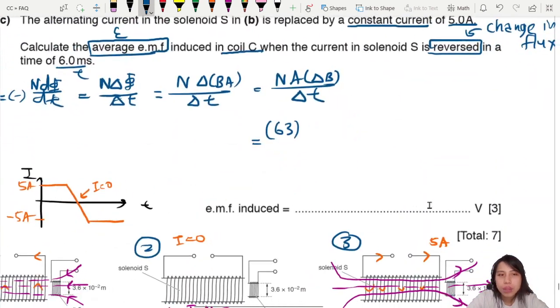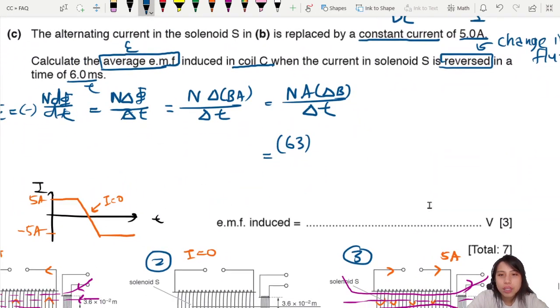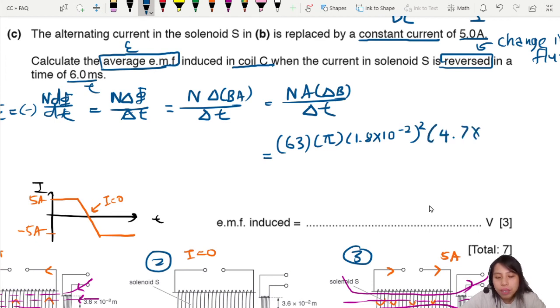Let's do the calculation. Okay, almost there. This one will be N times pi r squared, with r being 1.8 times 10 to the negative 2, squared. That is my radius. Now the delta B, the change in field, is 4.7 times 10 negative 3, and it's reverse, forward to backward, so times 2.